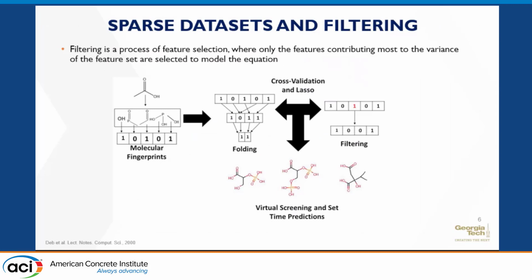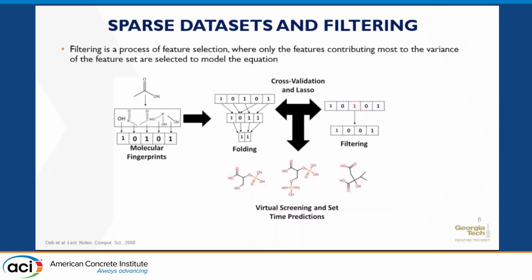But obviously these fingerprints can have an immense size. It can be, for example, 2,000 in length, so this may not be very feasible for computations. So what we do is folding and filtering. Folding is essentially setting the fingerprint length, so you optimize it.